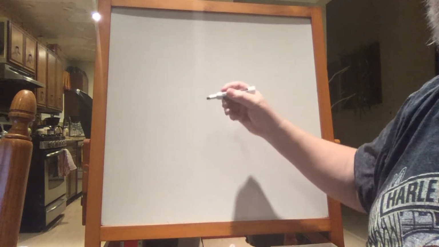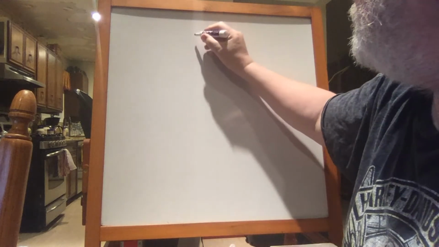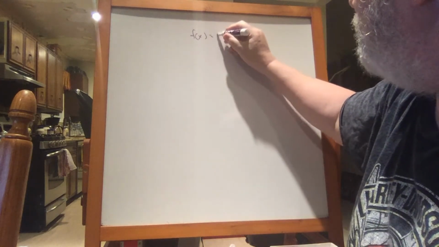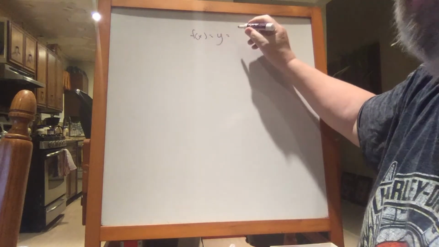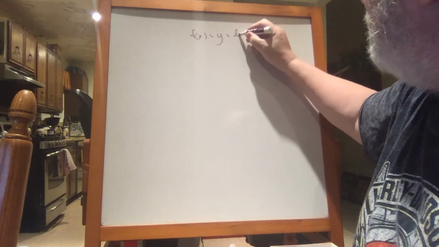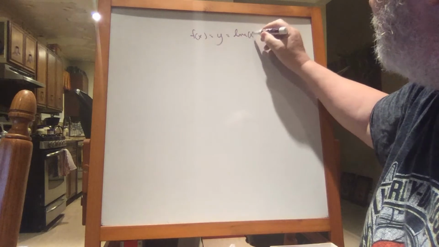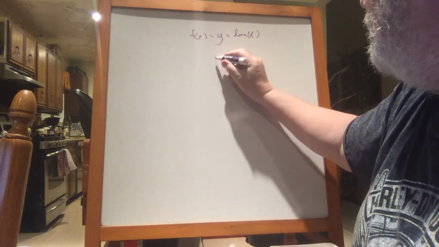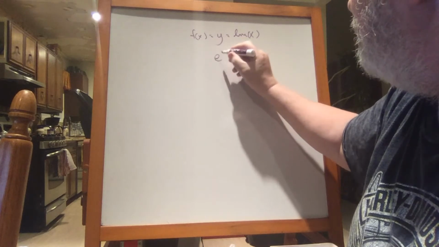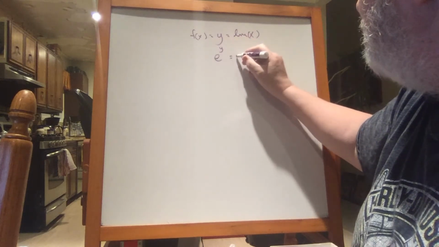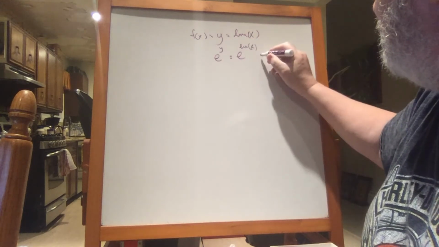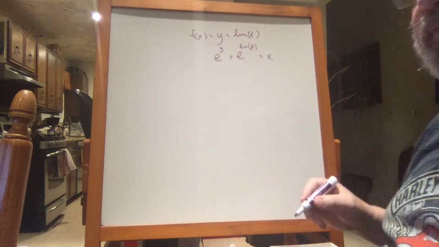Okay, so why don't we start out with f of x equals y equals the natural log of x. So e to the y equals e to the ln of x equals x.